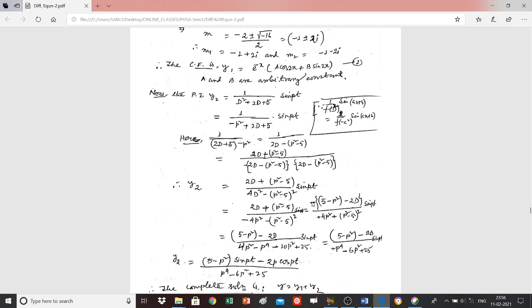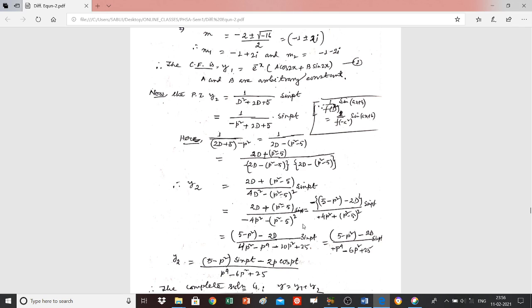That is equal to, this minus sign is here, okay, 5 minus p square, you can write this equation as minus 5 minus p square minus 2d, okay, minus 2d, you can write this. So this is equal to, here you see this is your minus and into sin pt, and then (5 minus p square minus 2d) by 4p square minus p, just write it, just separate, just writing this.